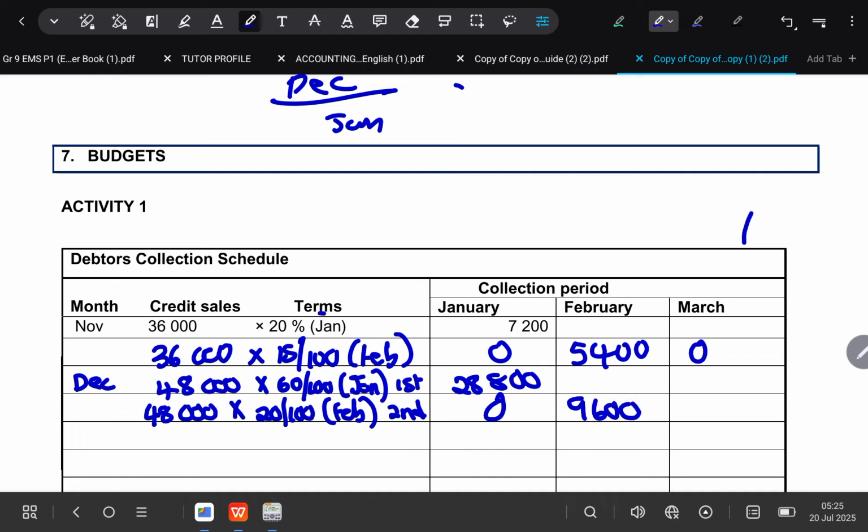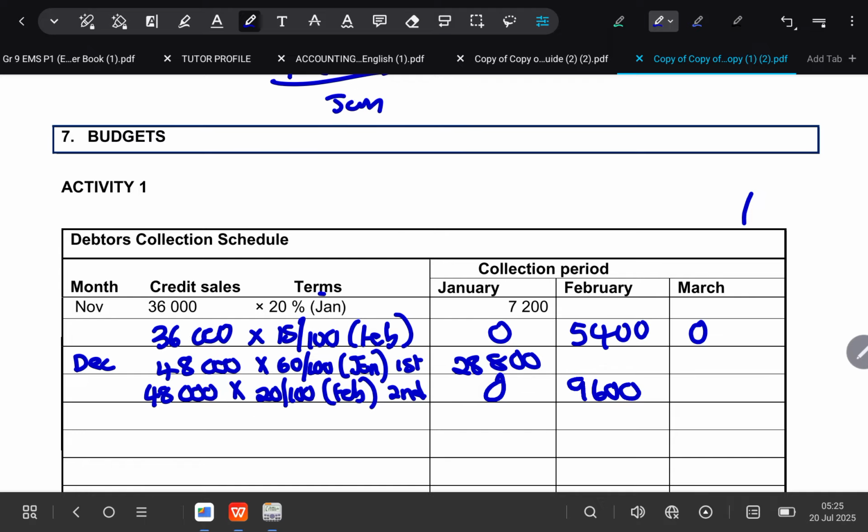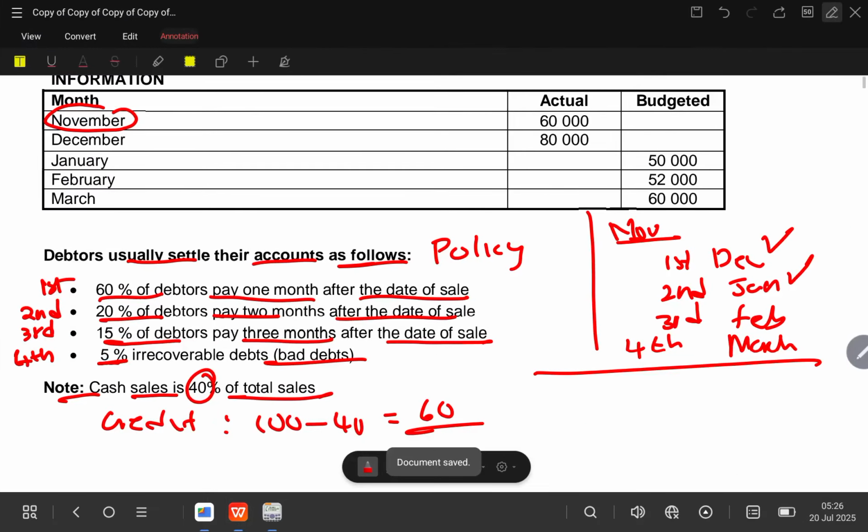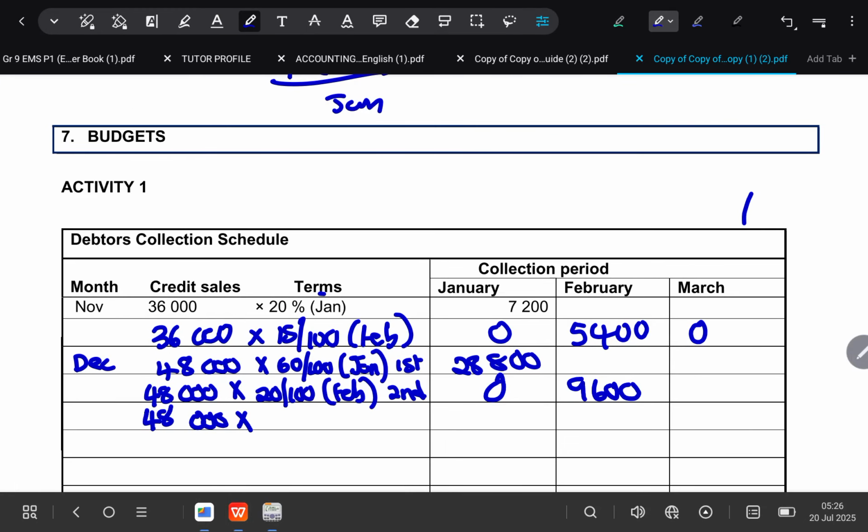Okay, and then next we'll say 48,000 multiplied by, remember in the third month they said it's 15%, so we'll take 48,000 multiplied by 15 divided by 100, and this will be in the month of March, and this is the third month.